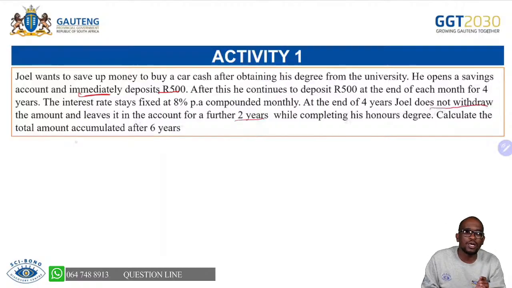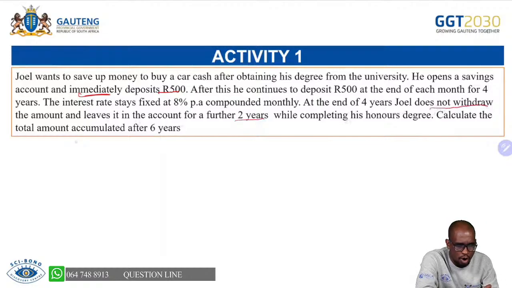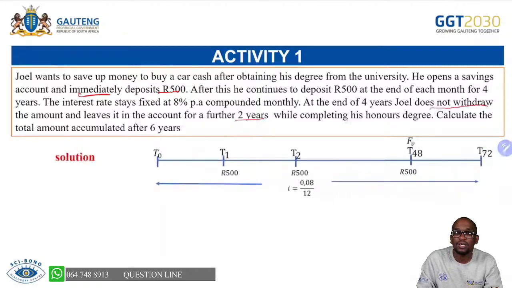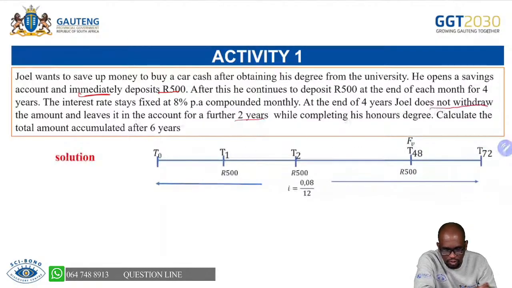You see, this is a variation to the formula. Let's look at it. I think I've explained it thoroughly before, so let's just go straight to the solution. The timeline: Joel immediately, so there's supposed to be a 500 that is put in here because of the immediate payment.